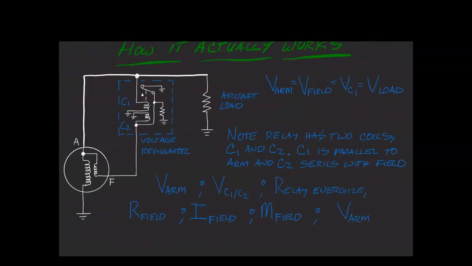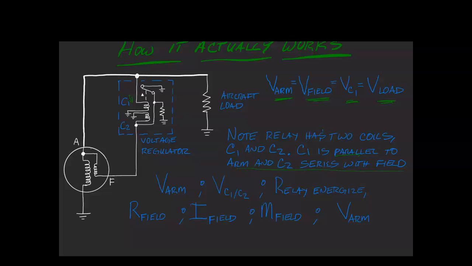And here's a diagram of how it actually works. Remember again, we have the armature, field, C1, and load. C1 is this coil right here. We actually have two coils on this relay, C1 and C2. C1 you see is in parallel to the armature, and C2 is in series with the field.